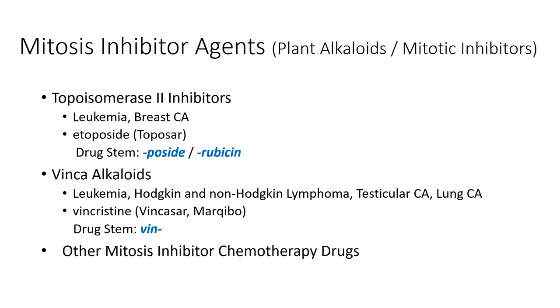Now there are other mitotic inhibitor drugs, and those are used to treat breast cancer. Our good old friends, the monoclonal antibodies, which we know all end in MAB. That doesn't identify specifically where these drugs are being used. They're affecting an immune response. That's their goal.